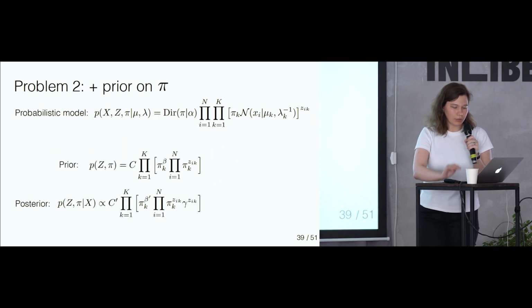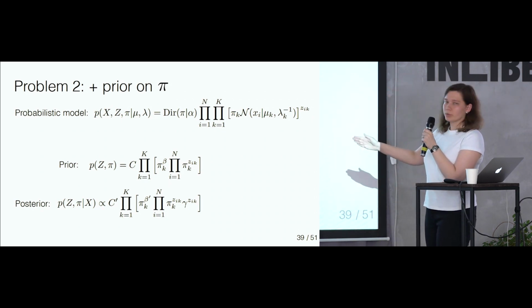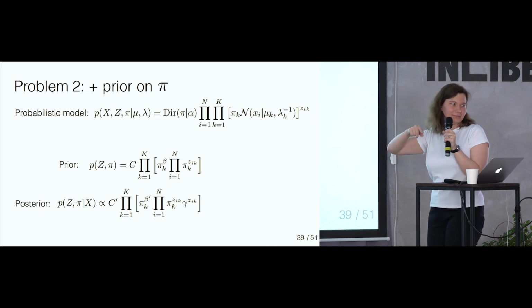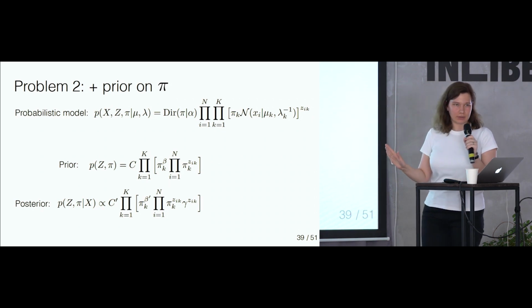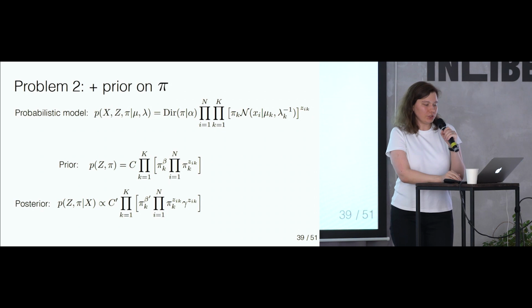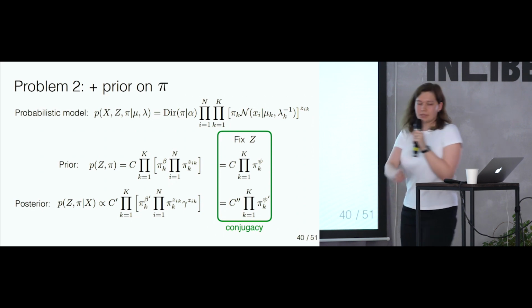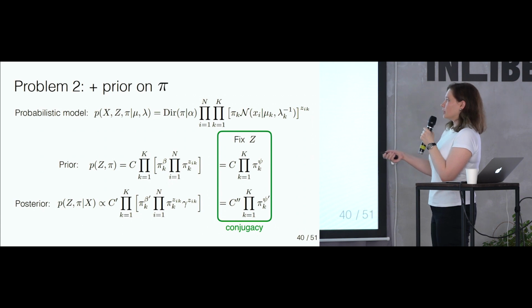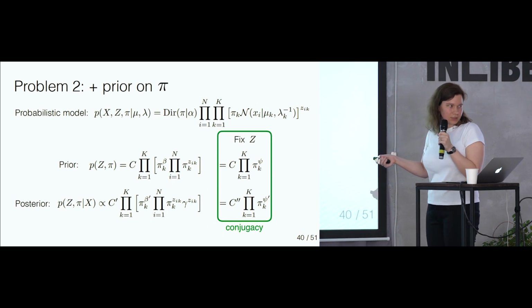Now, let's try to understand, do we have conditional conjugacy? These are the formulas for prior and posterior from the previous slide. Here C, beta, C dash, beta dash, and gamma are just some constants. To check conditional conjugacy, first we fix z. If we fix z, we see that, for example, the last term in the prior is just p to the power of a constant, because z is constant now, since we fixed it.